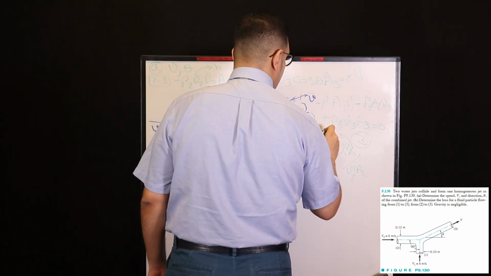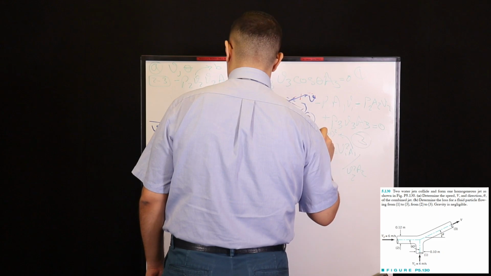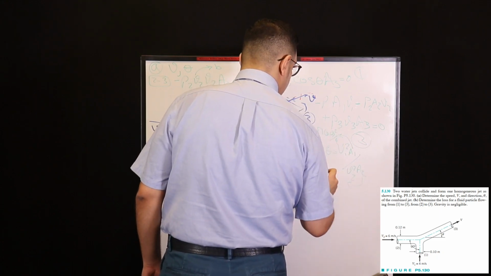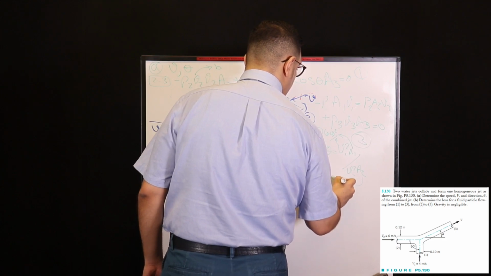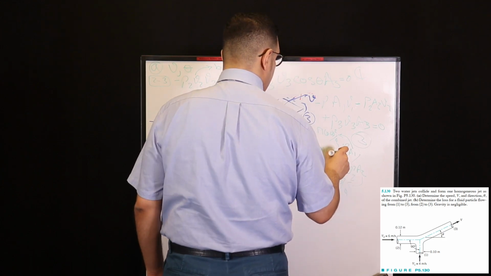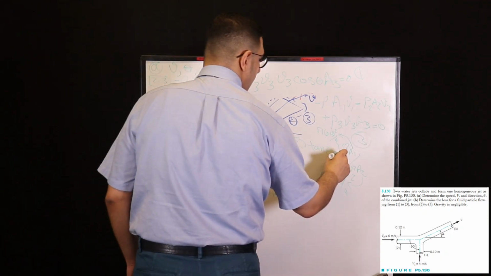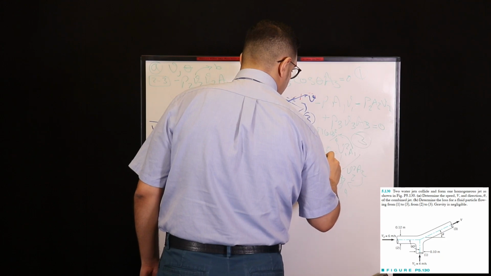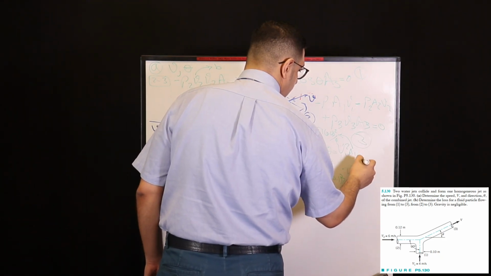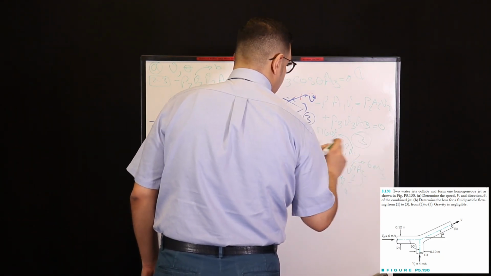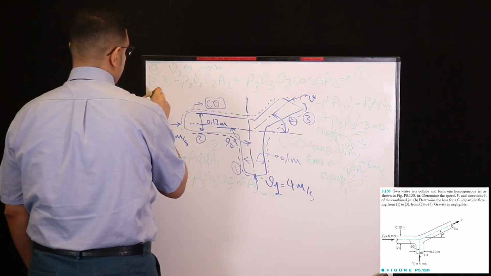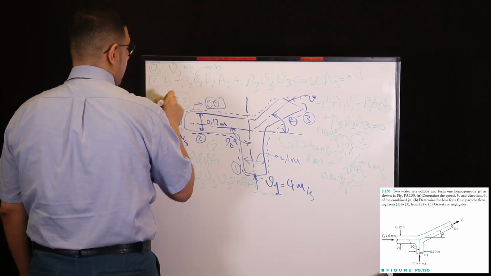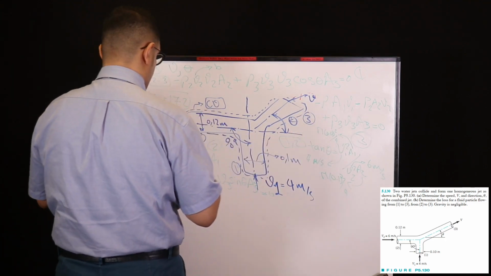A1 is pi 0.12 to power 2 divided by 4, and A2 is pi 0.1 to power 2 divided by 4. V1 is equal to 4 meter per second, and V2 is equal to 6 meter per second. Doing the whole calculation, we have theta as 7.2. It's the tangent inverse of this equation.